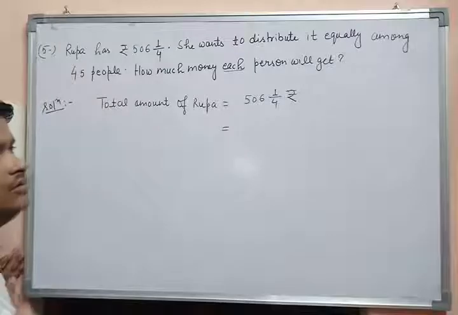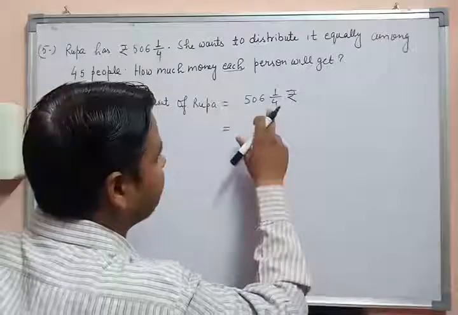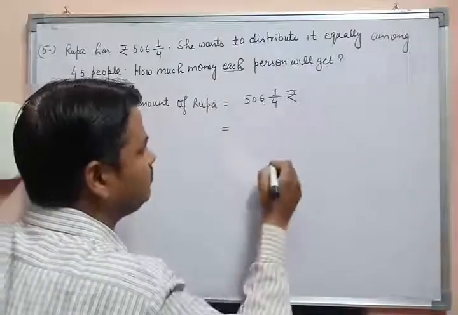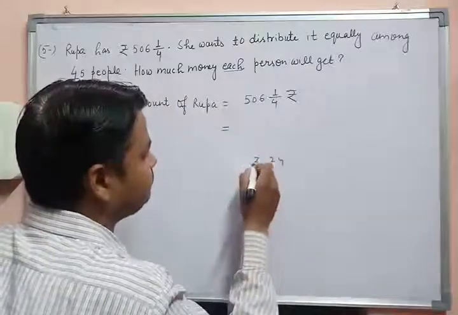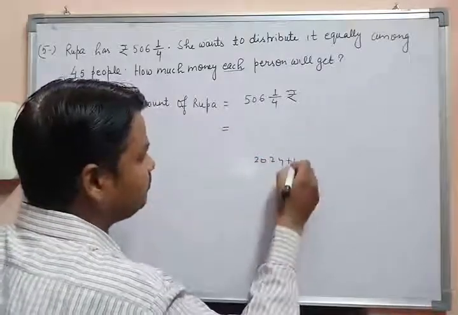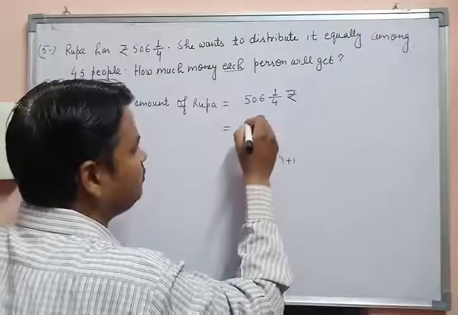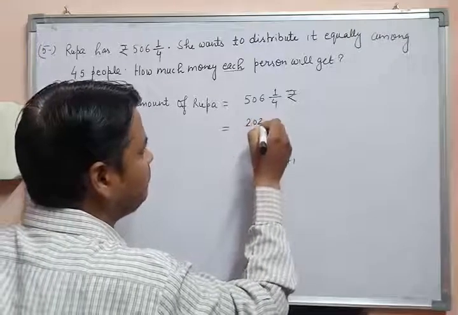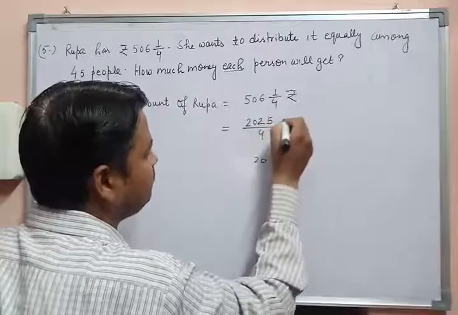Convert this mixed fraction into an improper fraction. 4 6s are 24 and 4 5s are 20, plus 1. Then we will get 2025/4 rupees.